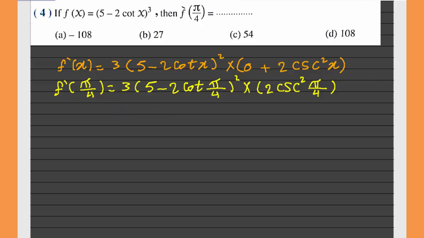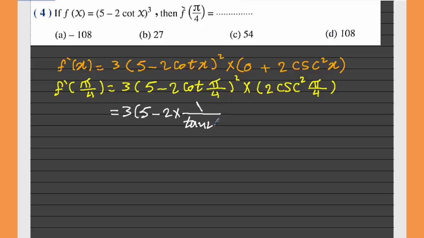So the result equals here 3. Before that we change the form of the ratios to be 5 minus 2 to multiply 1 over tan pi over 4, and the tan pi over 4 is tan 45.